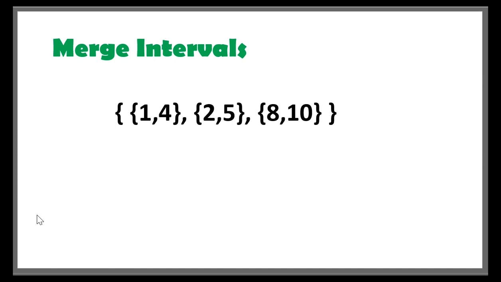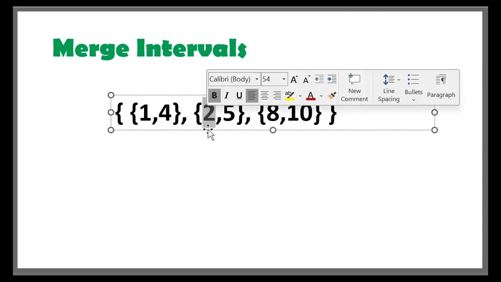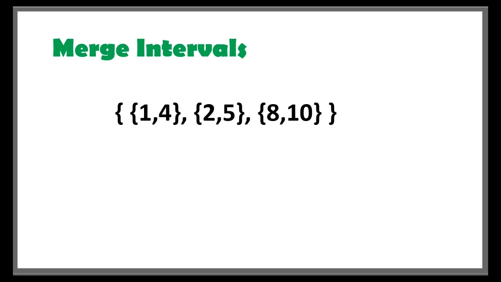Let's say we are given this array, in which we have three intervals. One is 1 to 4, then 2 to 5, and 8 to 10. For checking if we can merge the intervals or not, we need to check the second element of the first array and the first element of the second array. So we will be checking both of these.